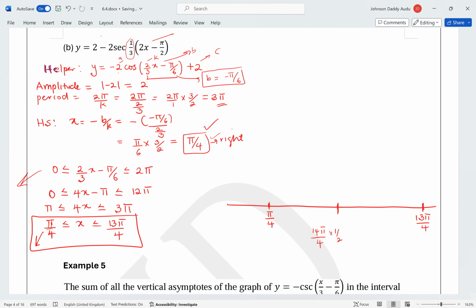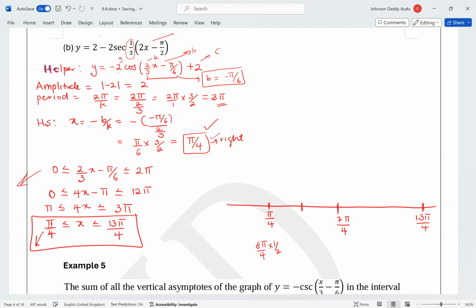And this will give you what? 7 pi over 4. So this is the center. Now you find the center between this and this. So you add 7 pi plus what? Plus pi. This will give you 8 pi over 4. You multiply it by 1 over 2. And if you do that, you will realize that this is nothing but what?